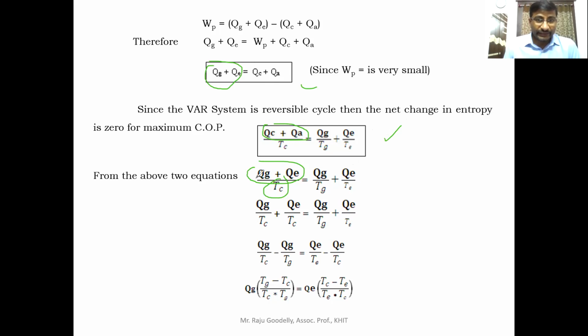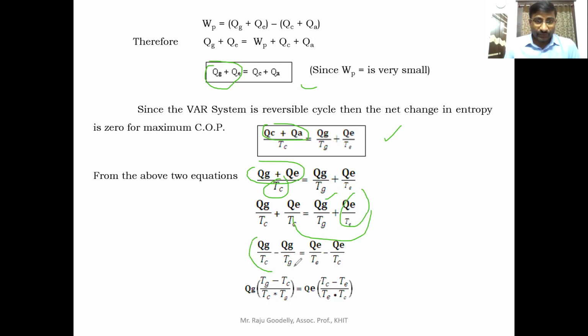By dividing, we get QG by TC plus QE by TC equal to QG by TG plus QE by TE. From this, taking the QG term to the left hand side, QG by TC minus QG by TG is equal to QE by TE minus QE by TC.